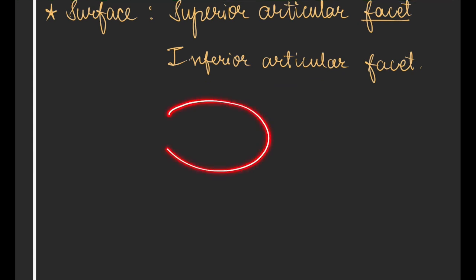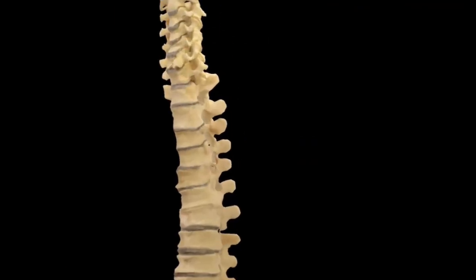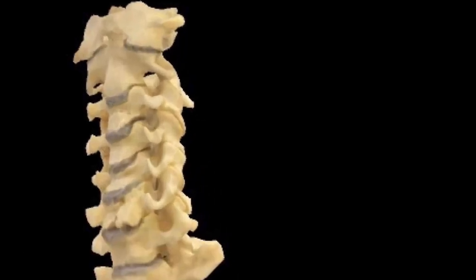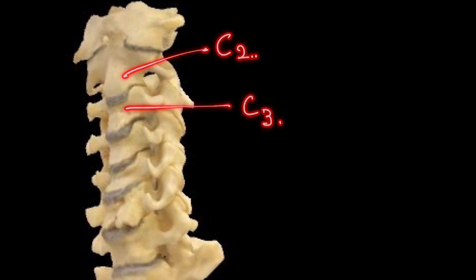So, if there is a body of the vertebrae, here, this is the body of the second cervical vertebra, and this is the body of the third cervical vertebra. And how are these both joined to each other? They are joined by facets, surfaces.